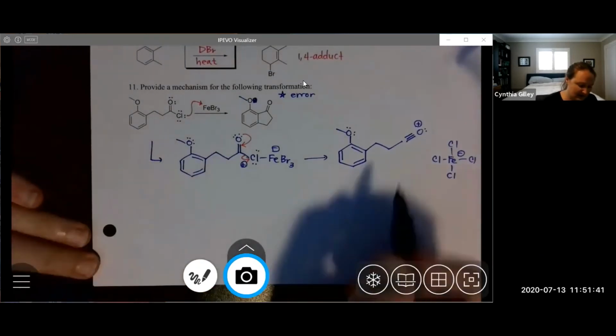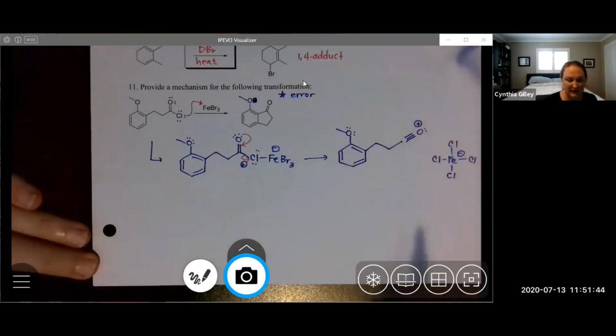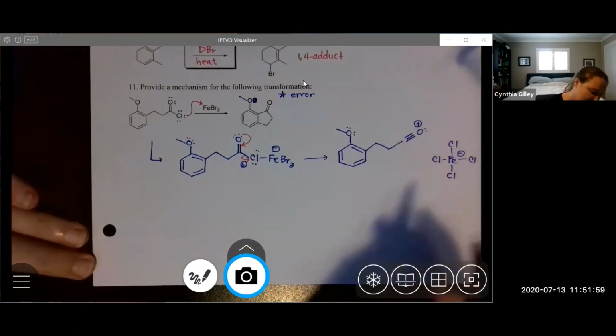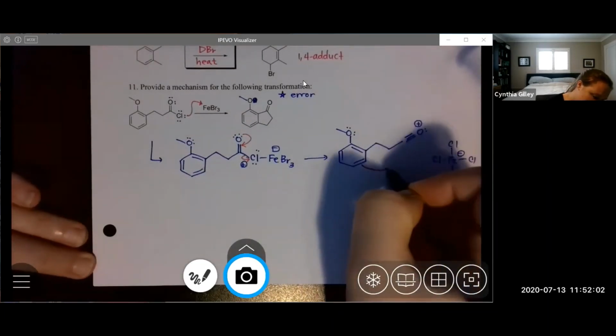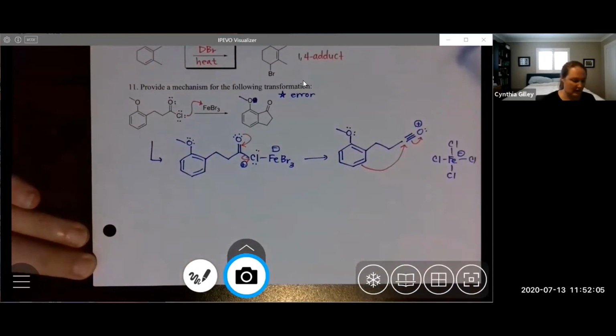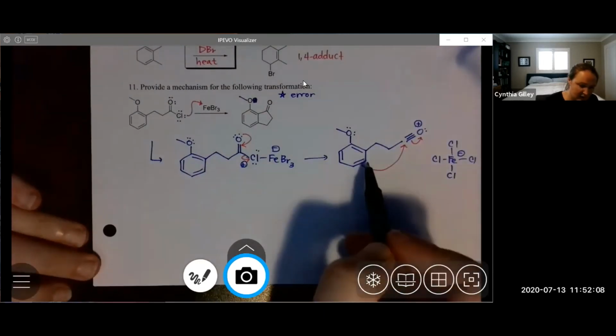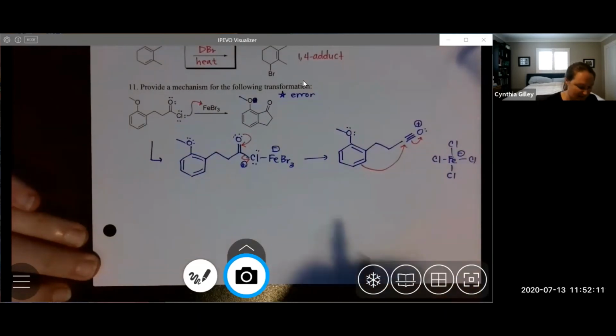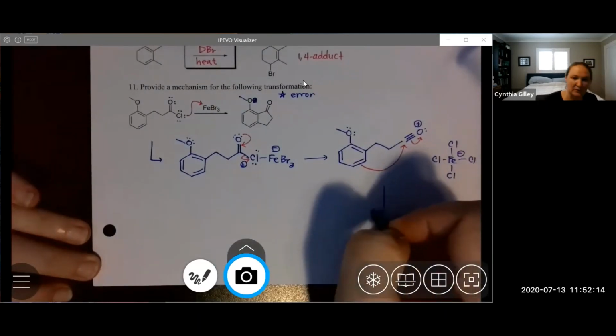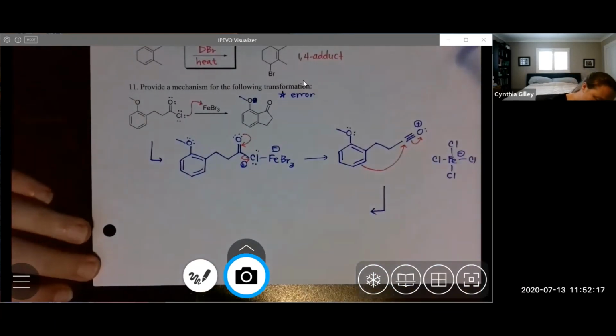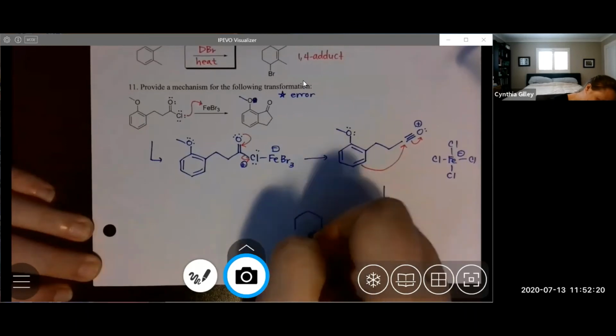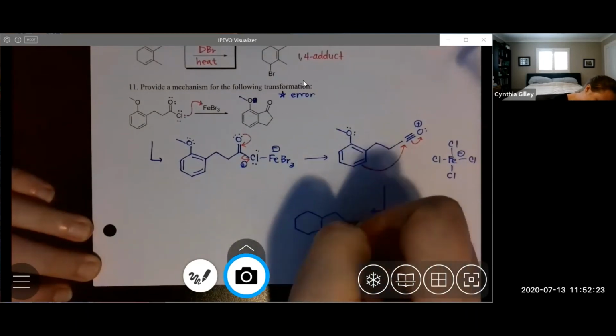And so instead, the meta position reacts, which is not what you would normally predict with an intermolecular reaction, but intramolecular reactions are governed somewhat by what sort of ring can form, what can reach, essentially. Whereas you're going to use the same pi bond, but it's going to be the carbon here that ends up attached, because we're forming a ring. That's the only ring that can form. Okay, so we're forming this five-member ring here.